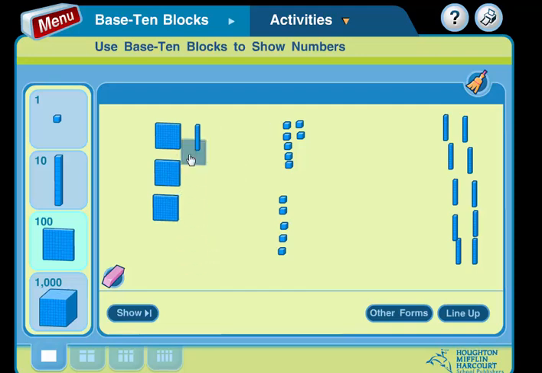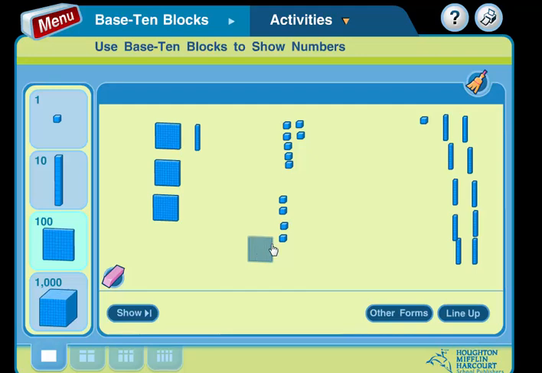So now I have 3 ones, 1 tenth, and 12 hundredths. Now, just like with these, 10 equals 1 whole, so 10 hundredths is going to equal a tenth. So I can regroup some of these and create another tenth.